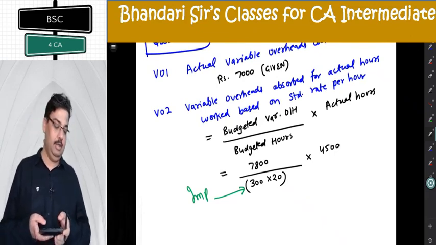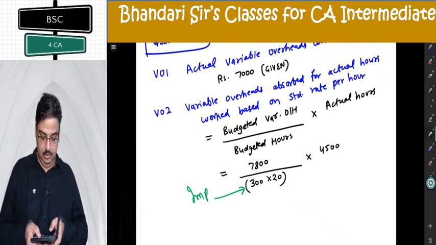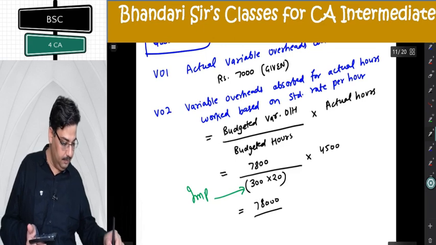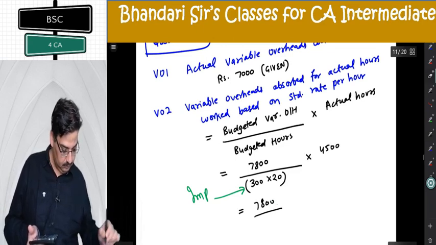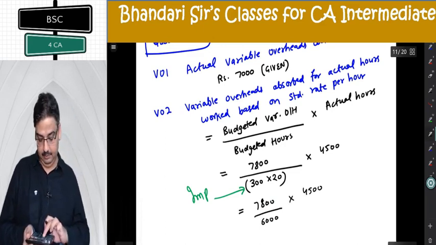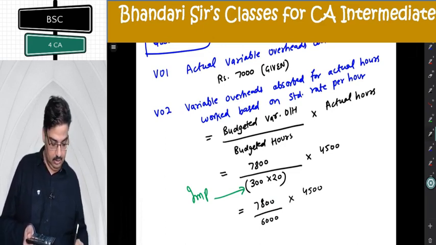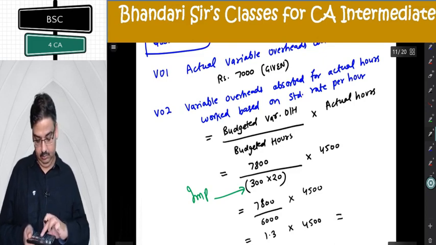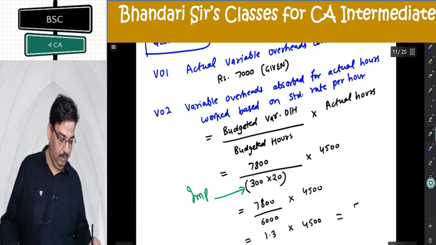Questions are going to be very easy, not difficult at all. So 7,800 divided by 6,000 multiplied by 4,500. This is 1.3 per hour multiplied by 4,500. Once you multiply, you get 5,850.